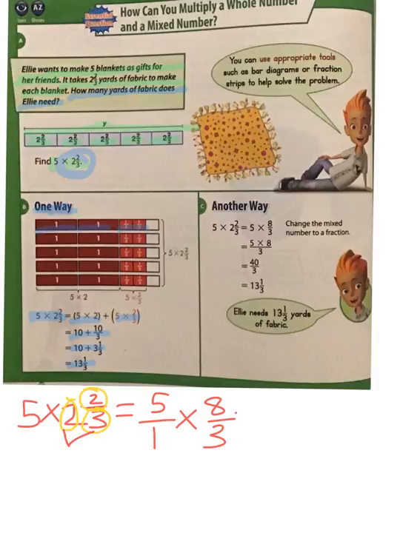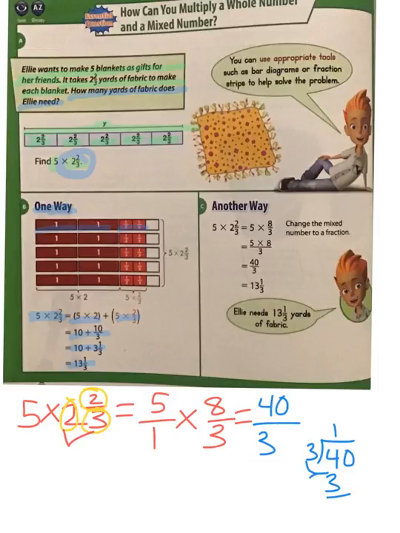Now we can just multiply across. So if I multiply across, 5 times 8 is 40/3. And now I'm just going to fix it. So I'm going to divide. How many times does 3 go into 40? Well, I know 3 goes into 4 one time. 3 times 1 is 3.